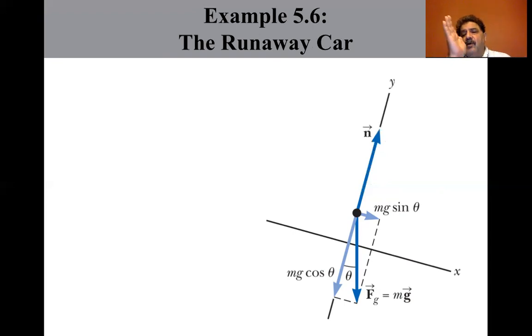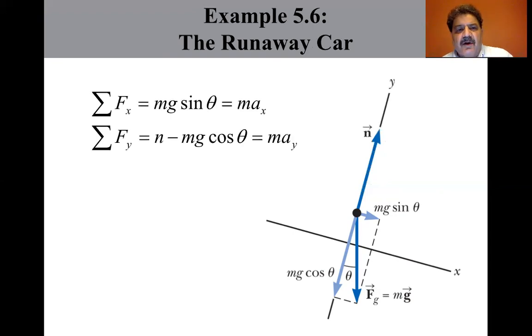But the way we've oriented our axes, the part going in the x direction is the side opposite theta. It's the mg sine theta, so it's the opposite. So don't be married to always thinking of sine theta equal to y and cosine theta equal to x. You'll get in trouble.